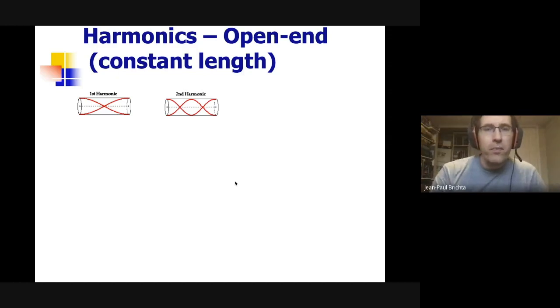From the first harmonic, you count these V-shaped thingies. We have 1, 2, so this is half of a wavelength here. And in the second harmonic, I have 1, 2, 3, 4. Sorry, I have 4 quarters. Well, okay, let's try that again.